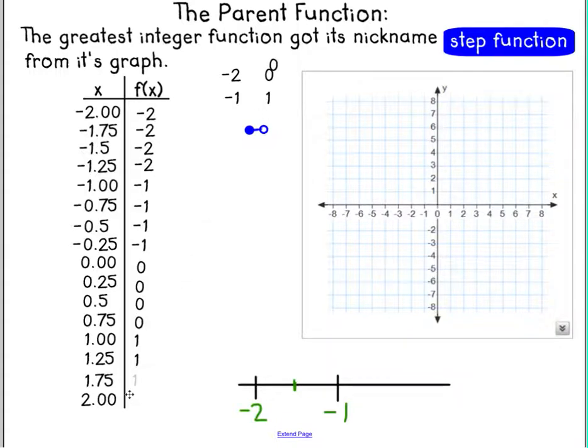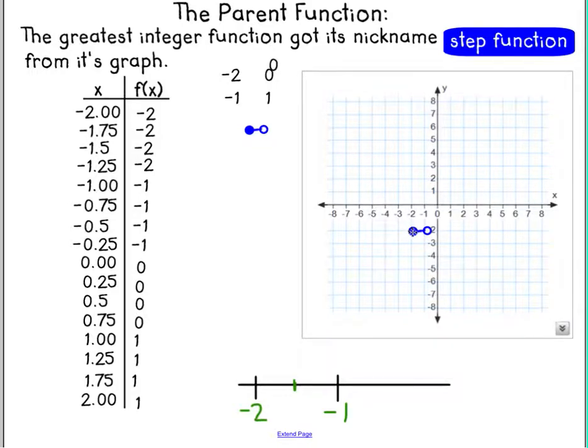The part of your graph that we're going to put on this graph paper is right here. At negative 2 it can equal negative 2, so I put in a negative 2 and out comes negative 2. Notice that negative 1.75 is in here, and it will also be negative 2, all the way up until I get to negative 1.